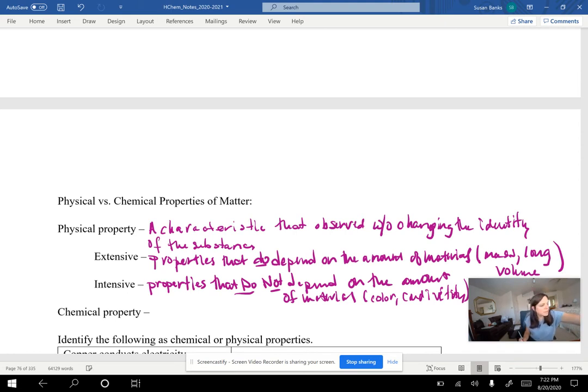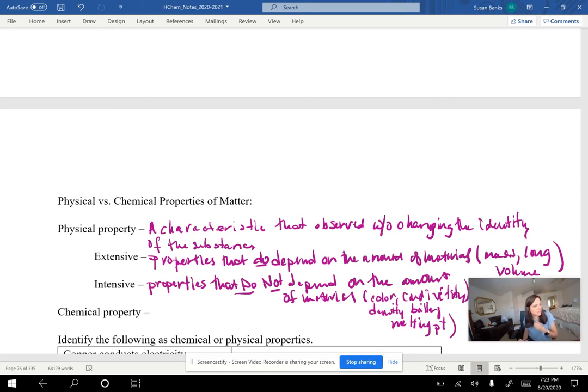What else would be a good intensive property? Density, boiling point, melting point. It doesn't matter how much I have. Those properties don't change, okay?